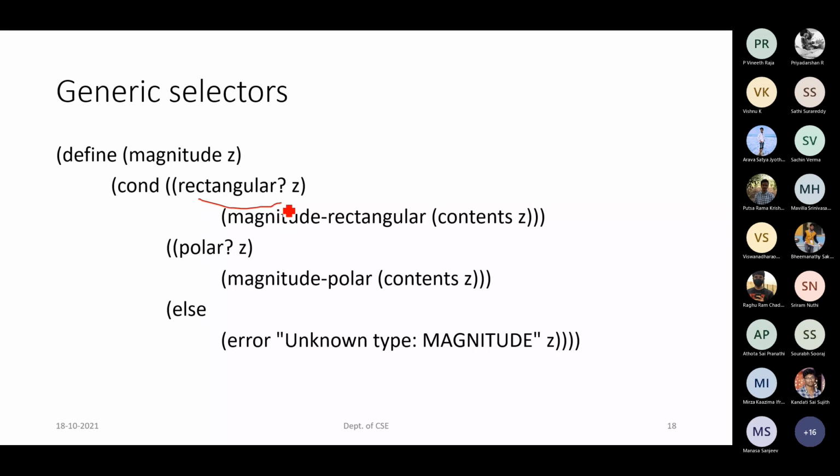If the condition returns true, that is rectangle of Z, it will be calling magnitude of rectangular, and as the argument we can just pass the contents, we can call the contents procedure, which will return the CDR portion of your complex number. Similarly, if your complex number is in the polar representation, then we will be calling magnitude of polar, otherwise an error message.